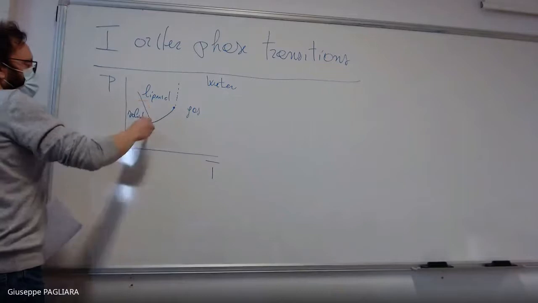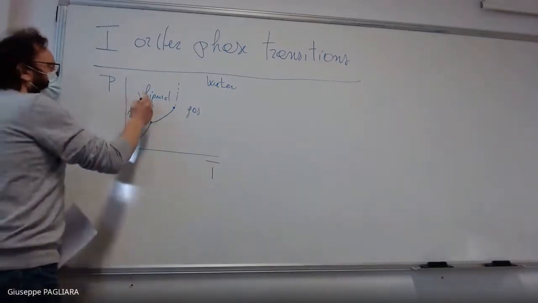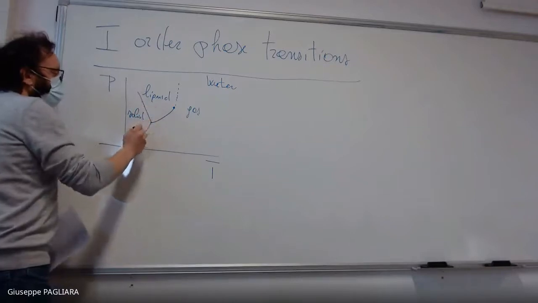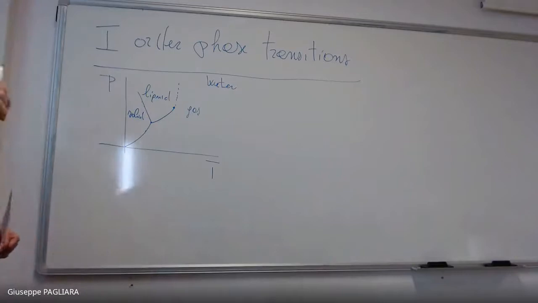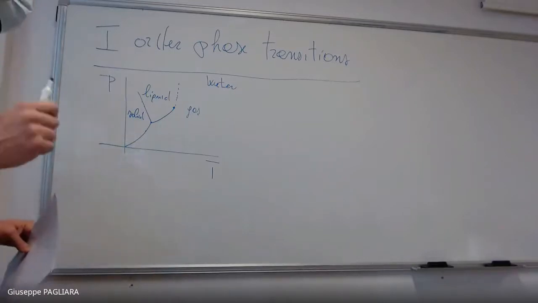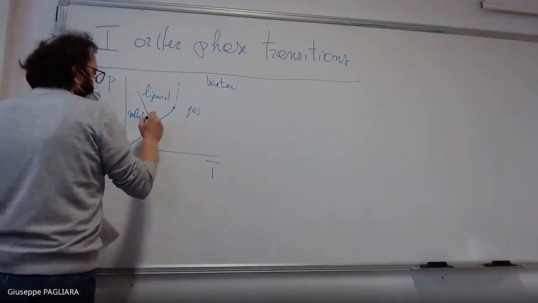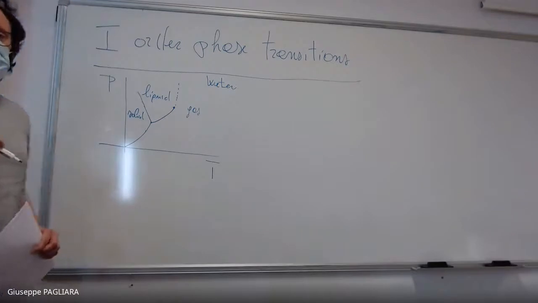So these solid lines separate the phases, and for each point belonging to the solid lines, you have a different state of a mixed phase. Okay. Then there is an intersection here of three solid lines, which is called triple point.